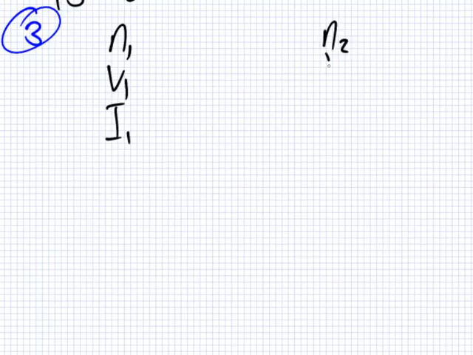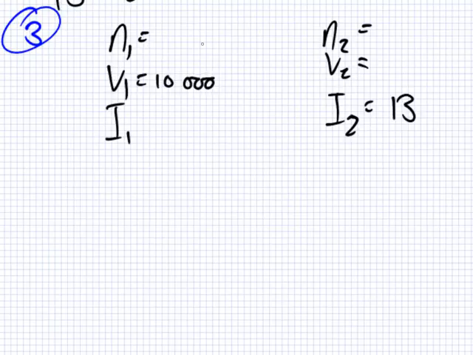So we have N1, V1, I1, N2, V2, I2. V1 is 10,000, I2 is 13, V2 is 200, N1 is 1,000, and I'm looking for I1.